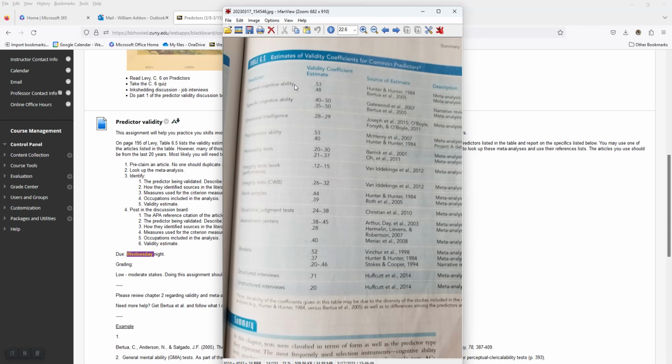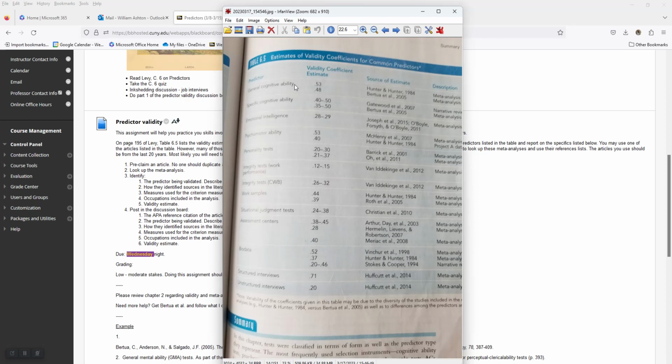IO psychologists basically do job performance, employment testing, and fair hiring law stuff. Those are the two big things that IO psychologists do. So this is really important, and for you to be able to understand this is also very important.